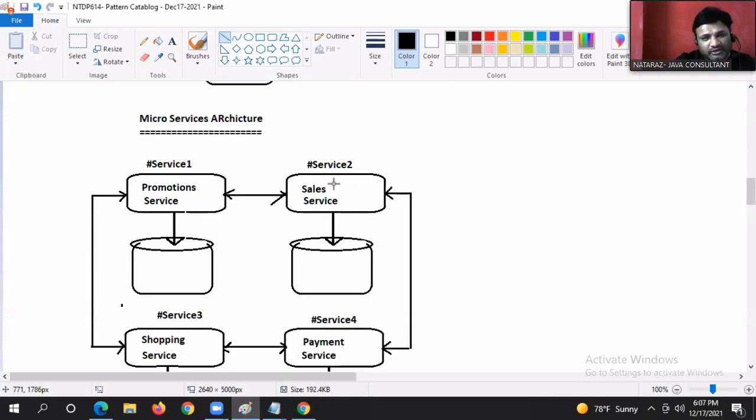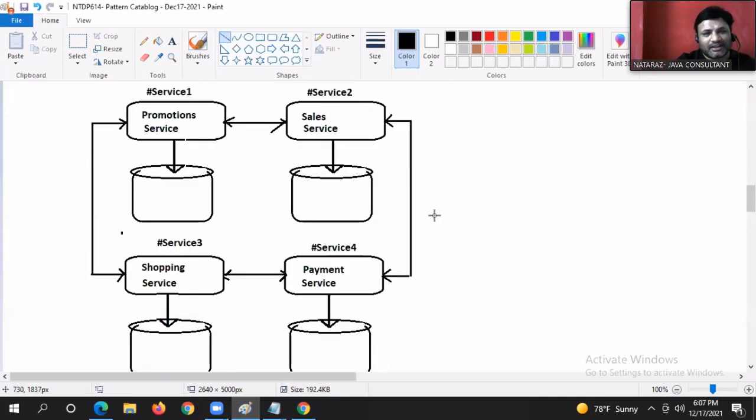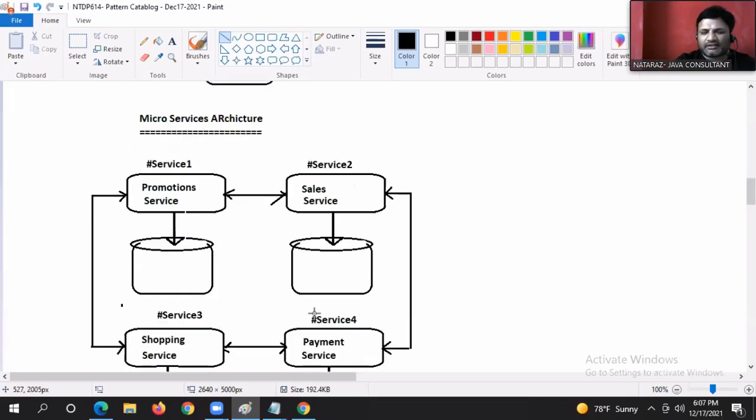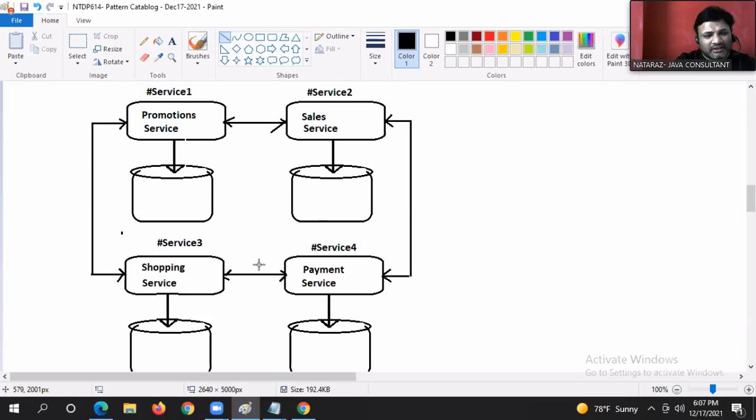If you are interested, you can use all services together, or you can take each service and use it for other projects. Suppose this is developed for Flipkart. Amazon people liked our payment service. Okay, take this and give it to Amazon people.